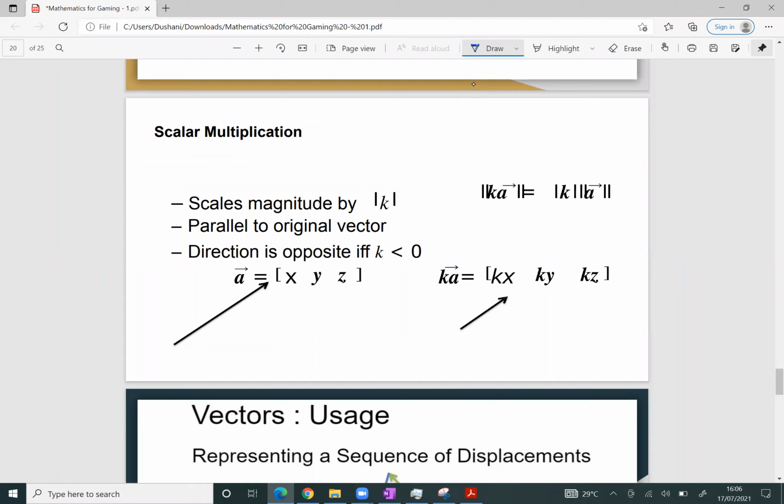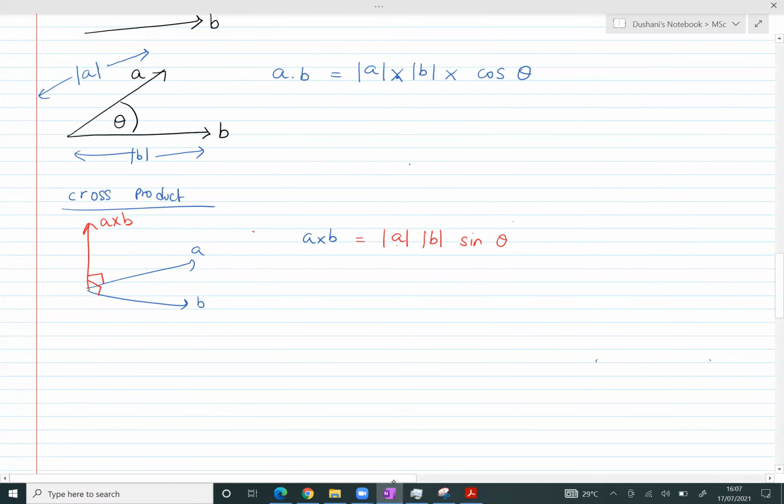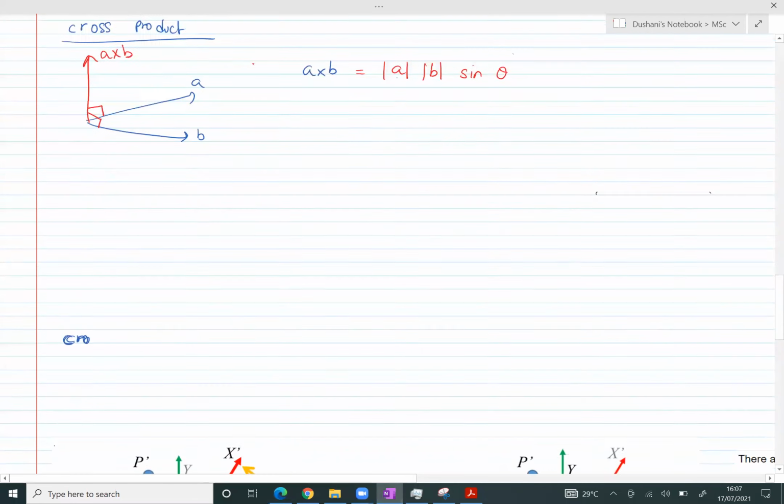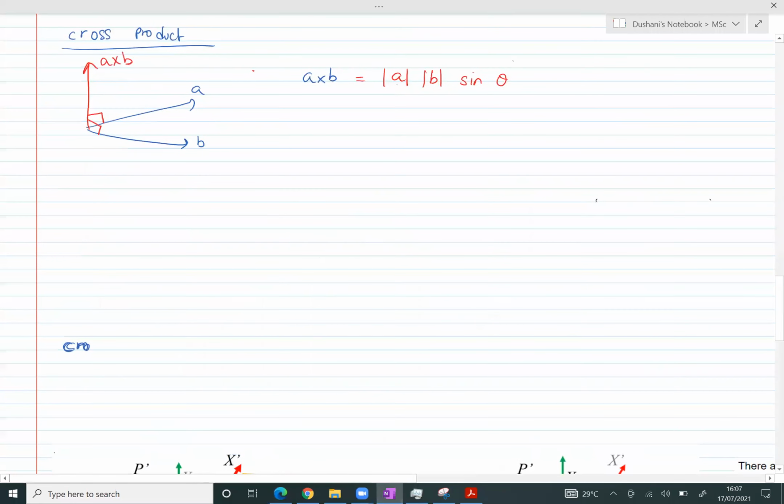Now let's look at scalar multiplication. To multiply a vector by a scalar, we need to multiply each component of the vector by the scalar.